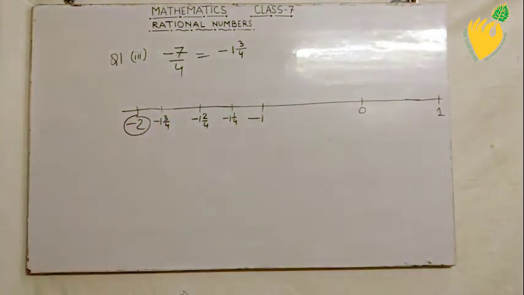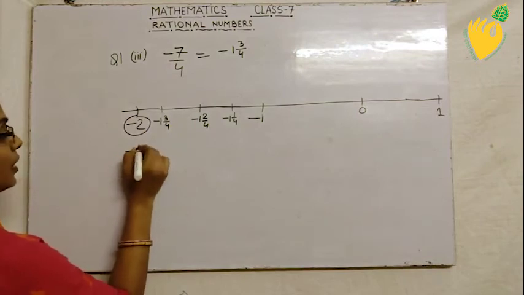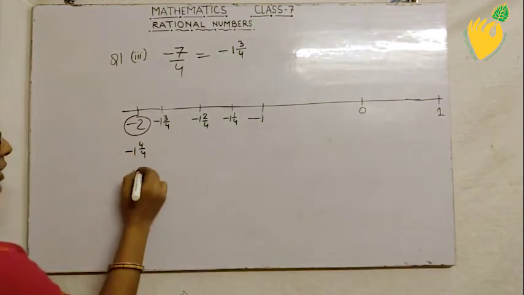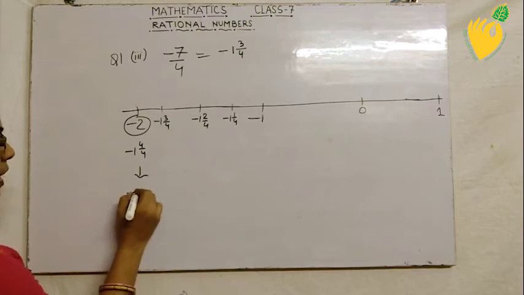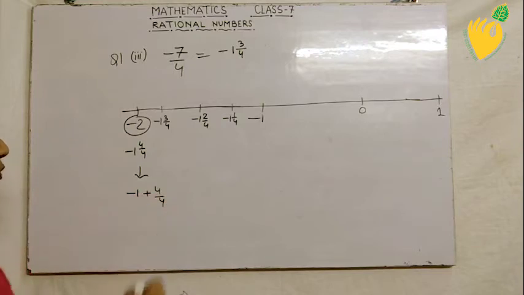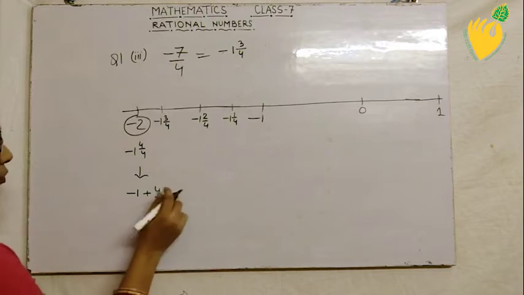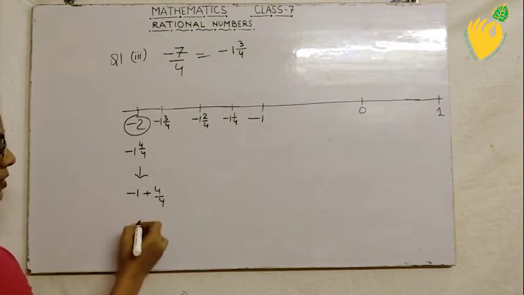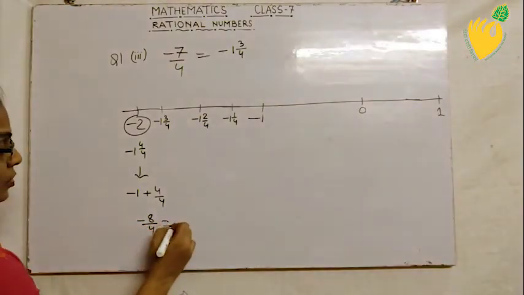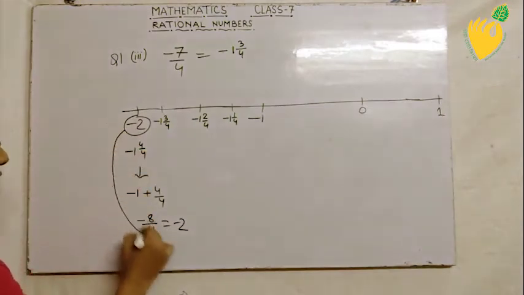If you want to see how minus 1 4 upon 4 is minus 2, I can solve this for you: this is minus 1 plus 4 upon 4, which means minus 8 upon 4, which equals minus 2.